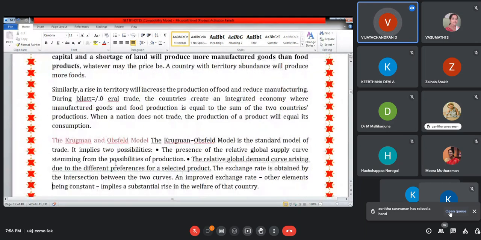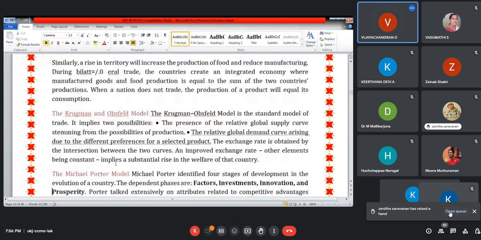And next I'm moving into the Krugman-Helpman model. So what is this KH model? KH model is purely based on the welfare of the country. So the trade is based on welfare.